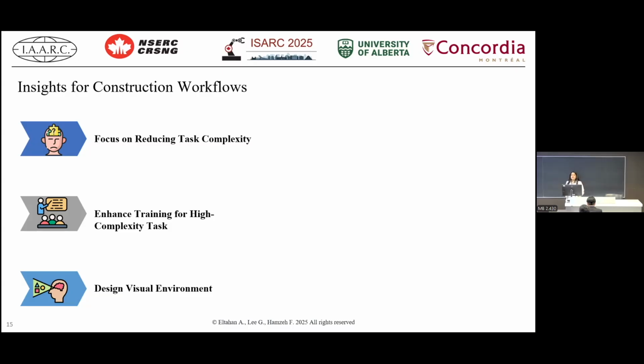And we need to design the visual environment. We usually focus on designing the task itself, but we don't study much the environment of the workers, the speed of the moving equipment, how many pieces of equipment are moving inside, because this is when accidents happen, when a worker fails to notice moving equipment or a moving object nearby.